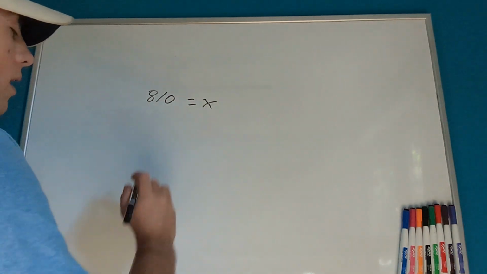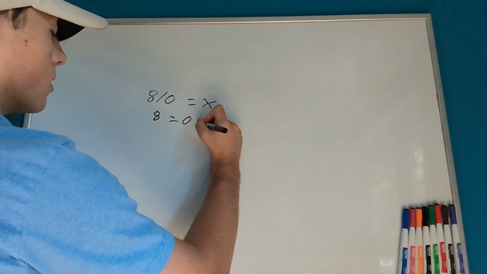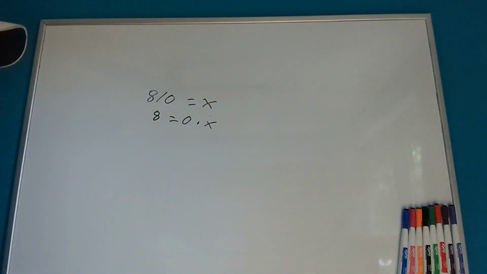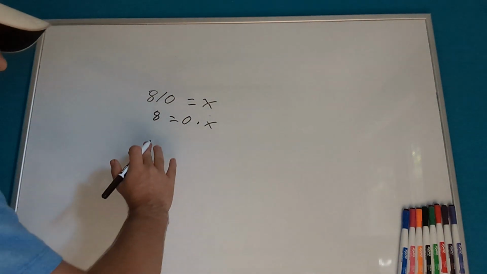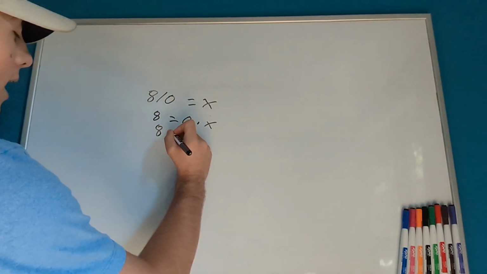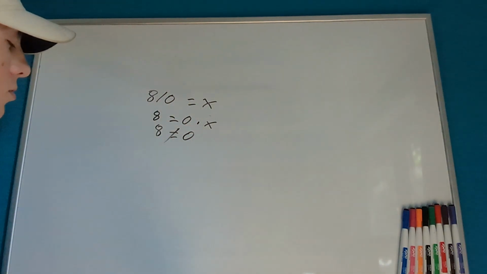So we can multiply both sides by 0, and we get 8 equals 0 times x. And the issue is 0 times x equals 0, so 8 equals 0. 8 does not, in fact, equal 0.